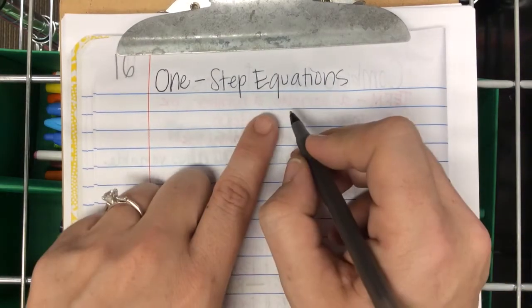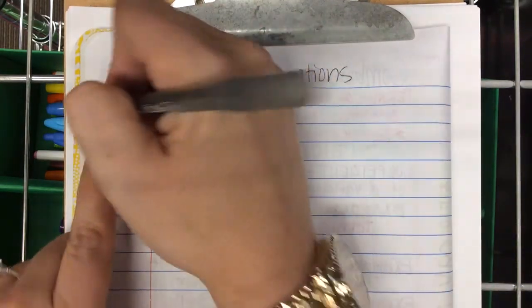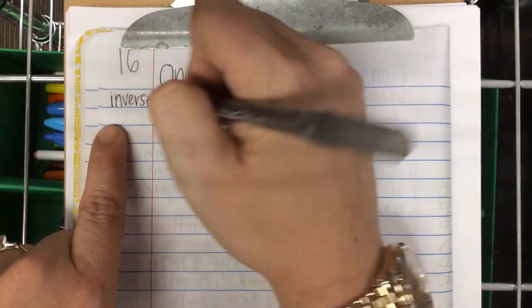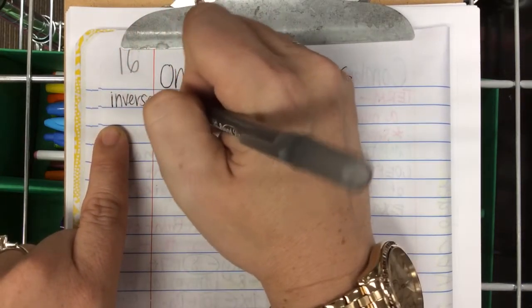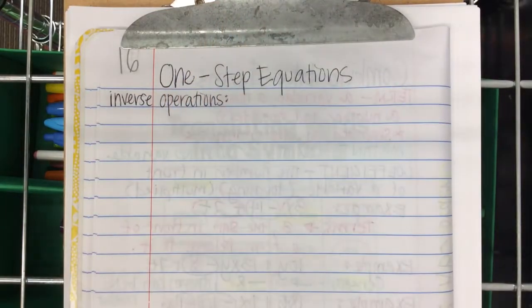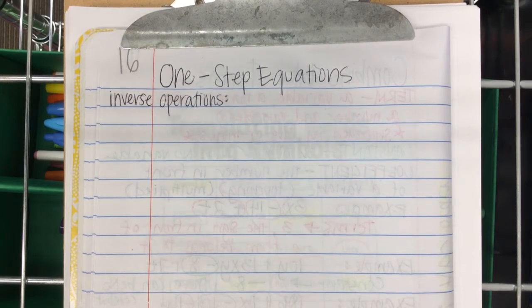And to do one-step equations, you need to know something that's called inverse operations. Inverse operations.